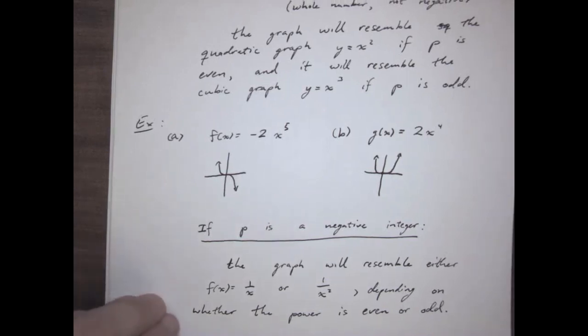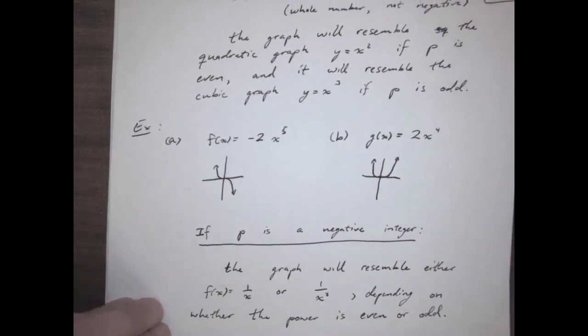And then if p is not an integer, if p is a fraction, then you would have to figure out, based on what kind of root it was, what sort of power it would look like.